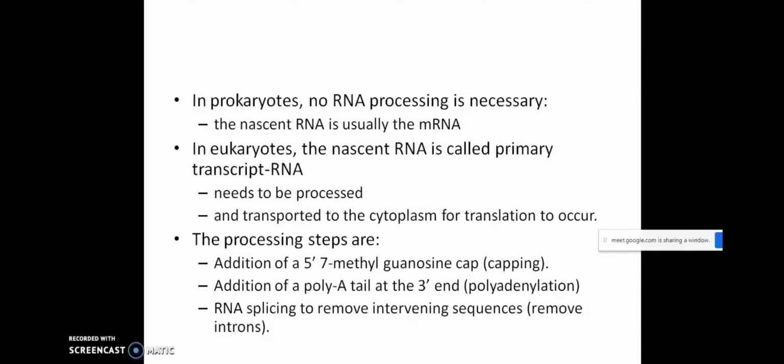But in case of eukaryotes, the nascent RNA is only called the primary transcript. The primary transcript has to be processed, and after the processing, it has to be transported to what? The cytoplasm.